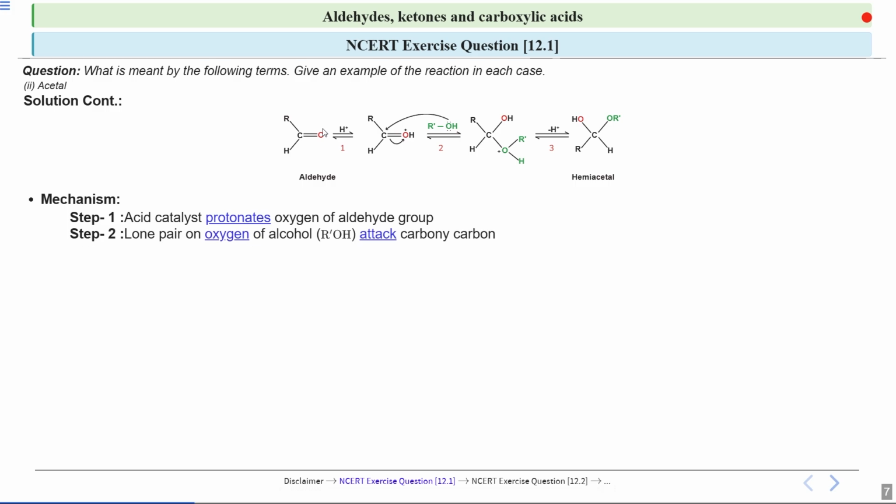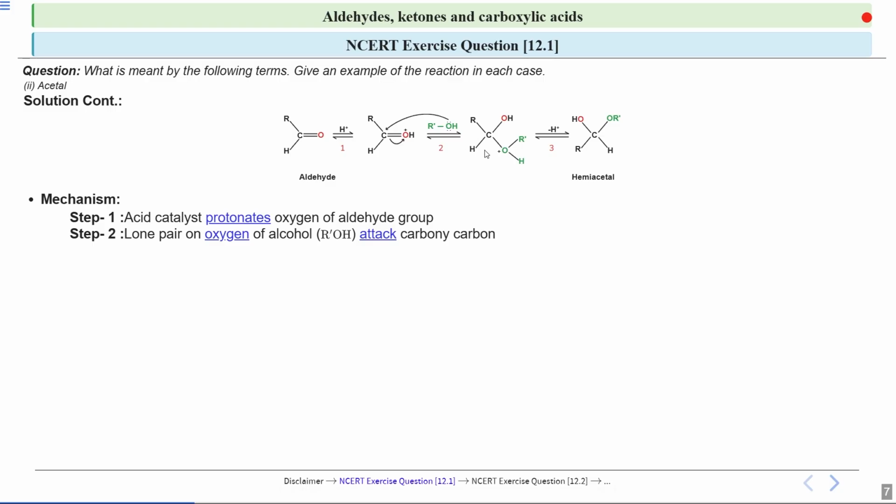In the next step, the lone pair of electrons on the oxygen atom of the alcohol attacks the carbonyl carbon. So this alcohol, in which the oxygen has lone pairs, attacks this carbonyl carbon, and you see a new bond is formed between the alcohol oxygen and the carbonyl carbon.